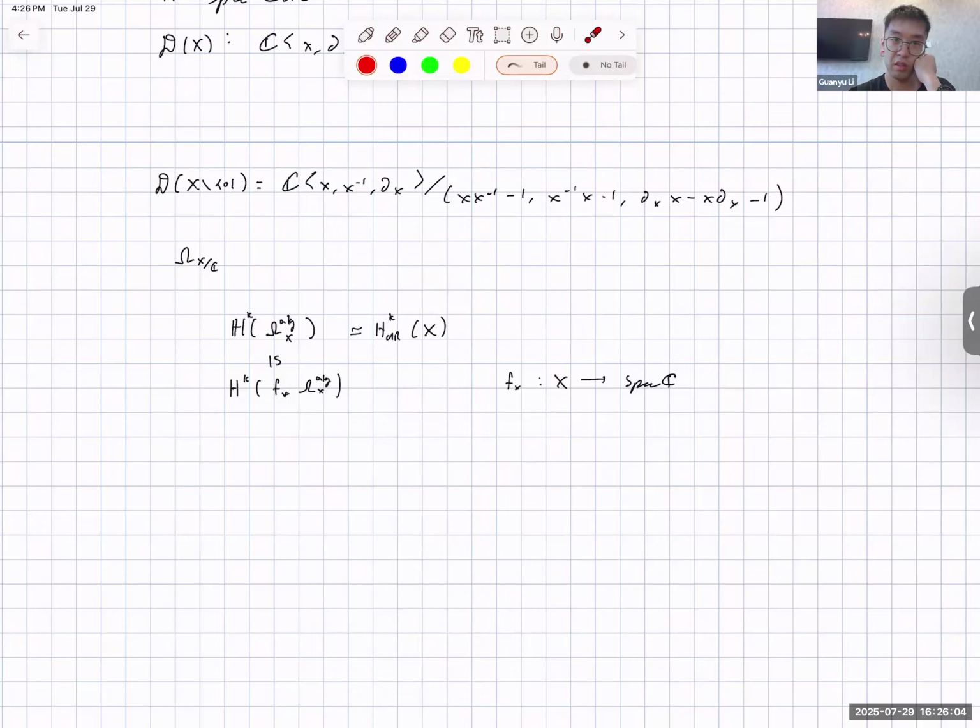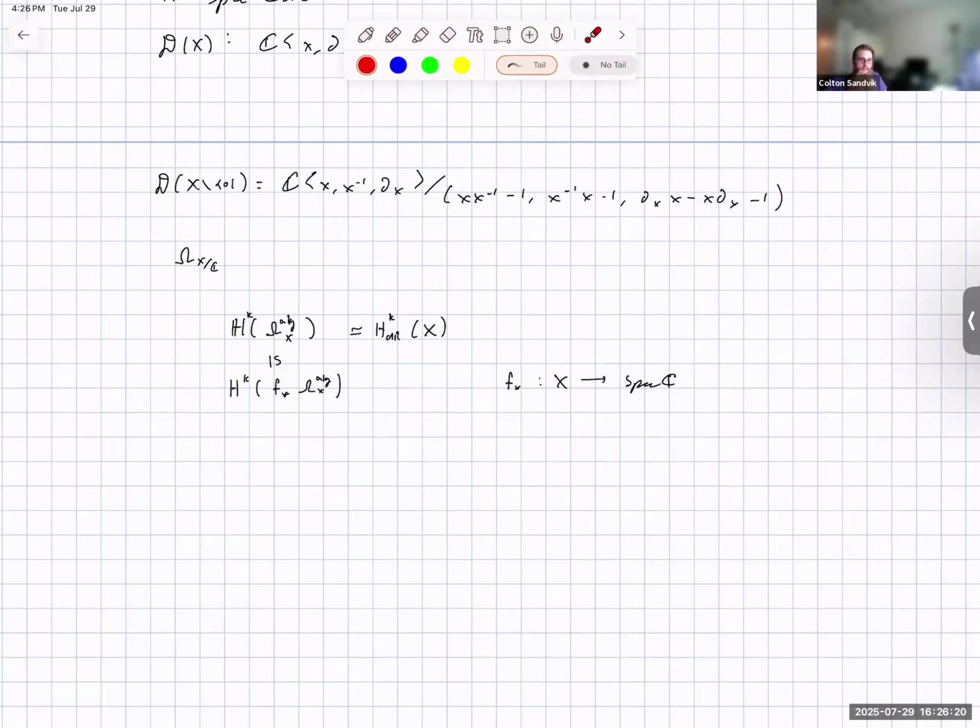It's not for the algebraic case. In the holomorphic case, all right, let's go over the complex numbers. The analytic de Rham complex is quasi-isomorphic to the constant sheaf of complex numbers. That's called the Poincaré lemma.